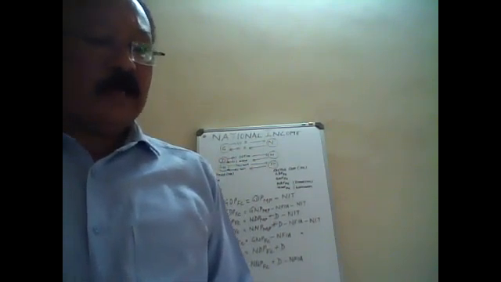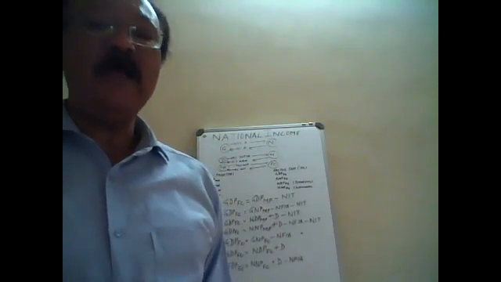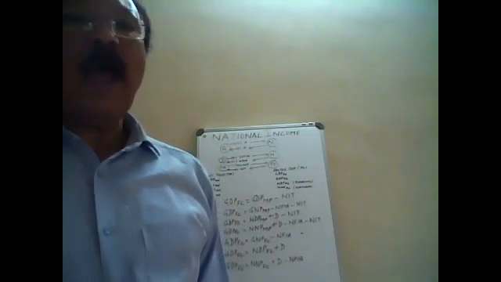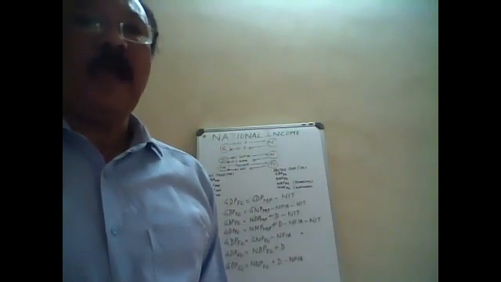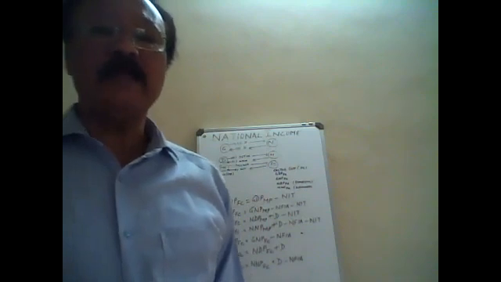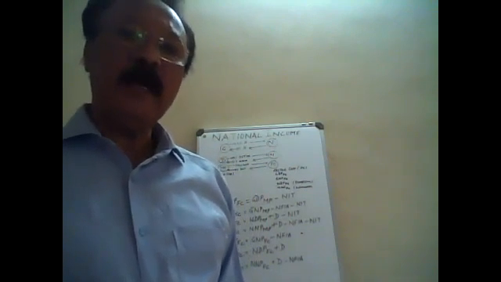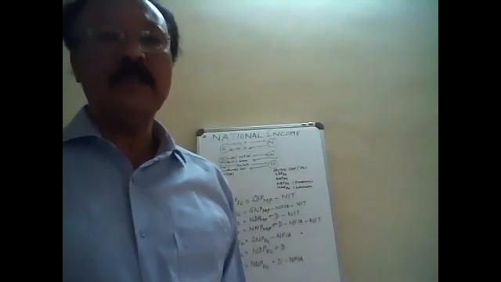Similarly, from factor cost to market price, you have to add NIT. And I'm repeating again, NIT means net indirect taxes. And sometimes in the numericals, it is given directly as NIT, net indirect taxes.